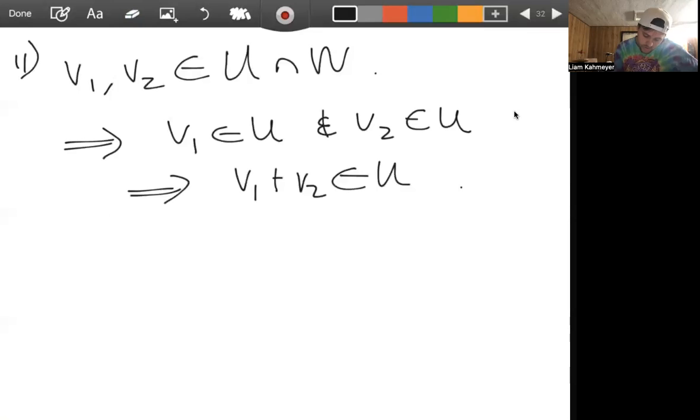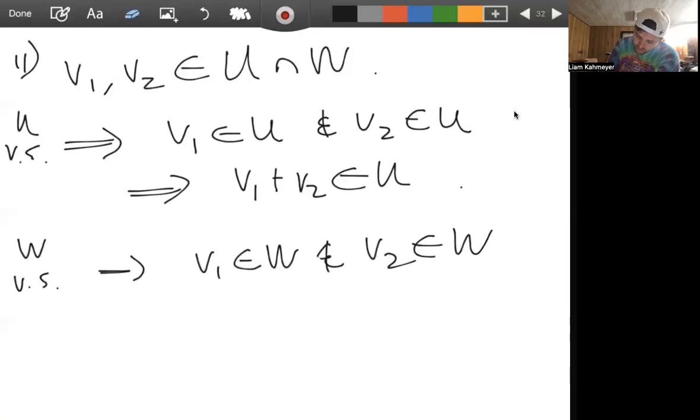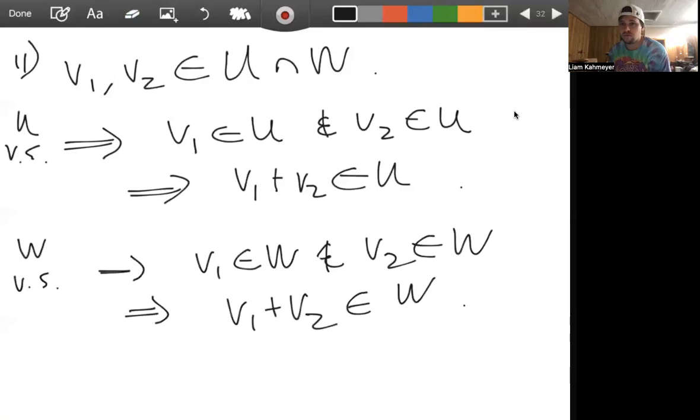So U was a vector space, and since W is a vector space, this implies that if V1 in W and V2 in W, then V1 plus V2 is also in W, right?